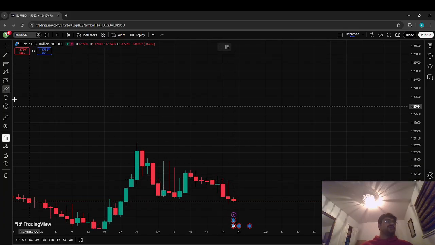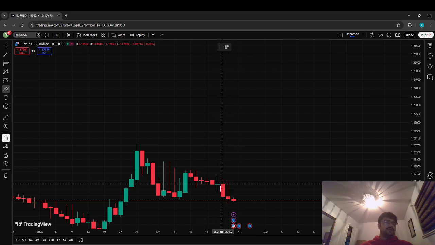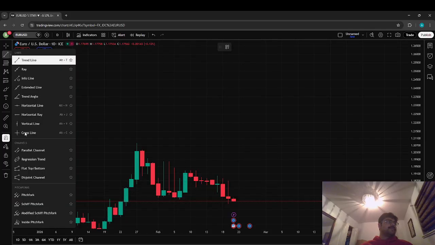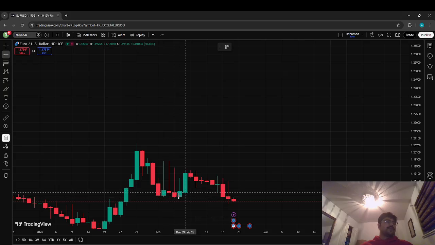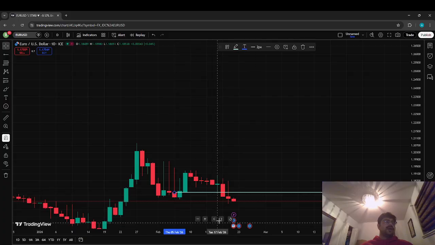Okay. So what are some key things that we're looking at? We can see right here, the market broke structure to the upside. And then we can see that it later broke structure to the downside right here, right?